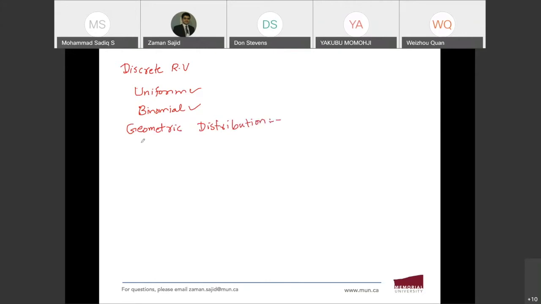Now we will start with the basic definition and then we'll see how we identify using a mathematical model.